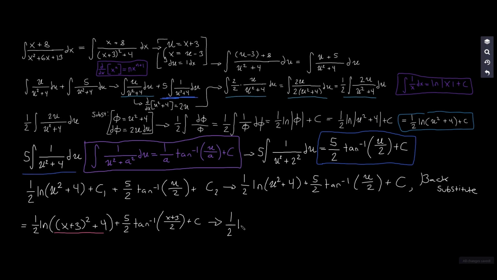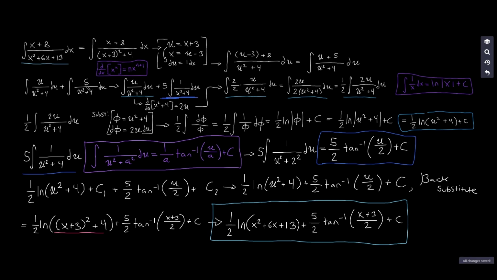So 1/2 times the natural logarithm of x squared plus 6x plus 13, plus 5/2 times arctangent of x plus 3 over 2, and plus our arbitrary constant.